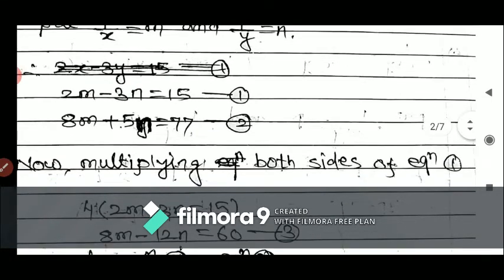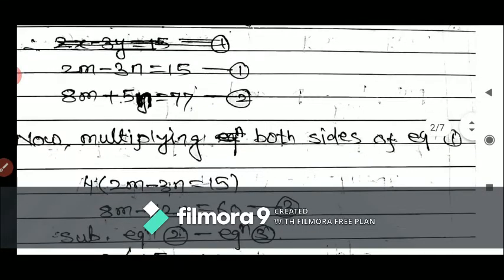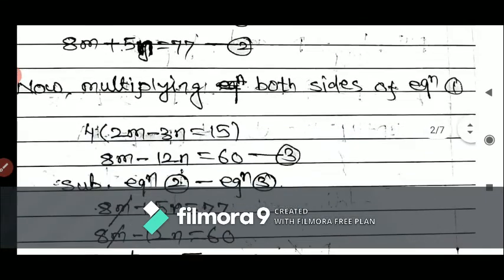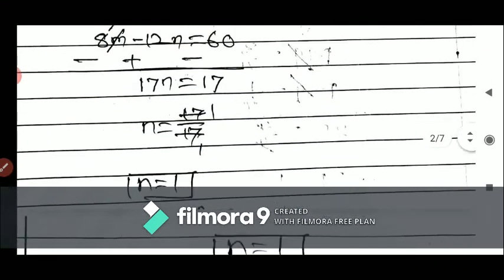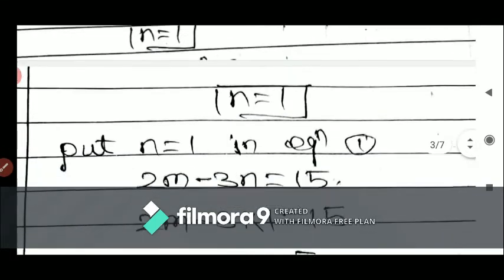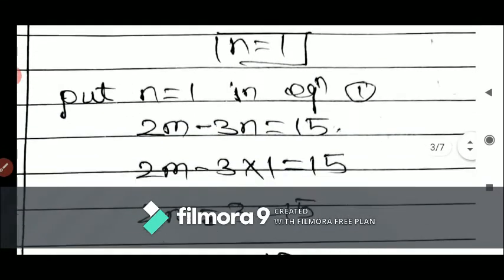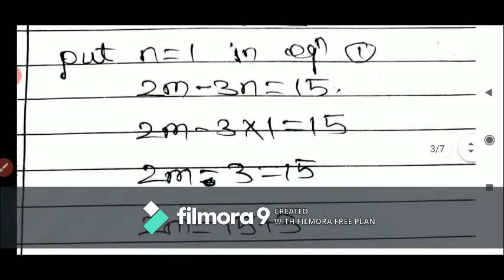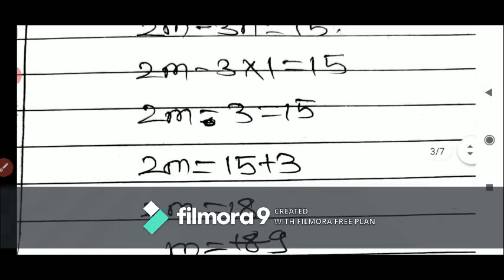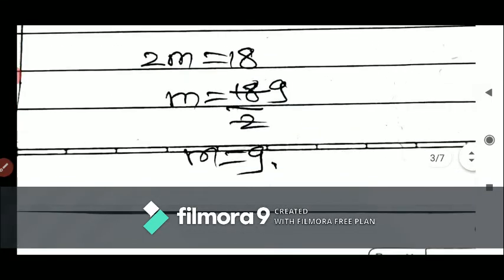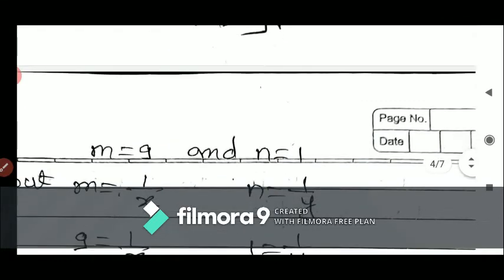In any of the three equations you can put the value of n. In equation 1, 2m minus 3n is equal to 15. Therefore putting the value of n, we have 2m is equal to 15 plus 3, that means m is equal to 9. So m is equal to 9 and n is equal to 1.